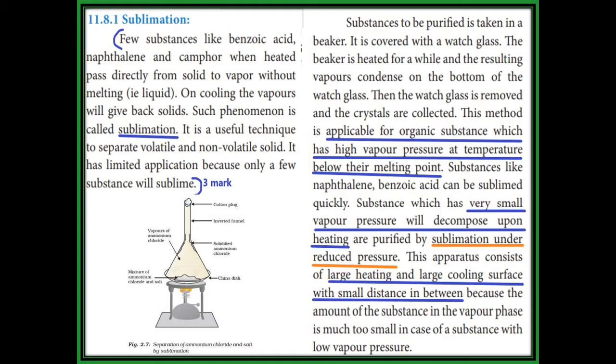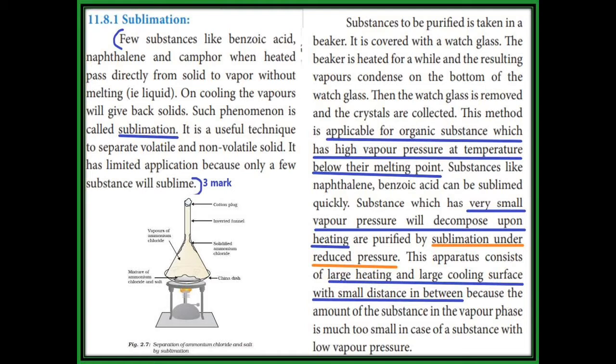So we can separate the volatile organic substance from the non-volatile impurity based on this sublimation process. On the right-hand side, you see that in blue color I underlined: an organic substance which possesses high vapor pressure at a temperature below its melting point, that substance we can use in this sublimation process.